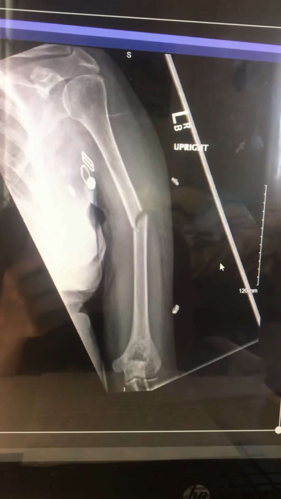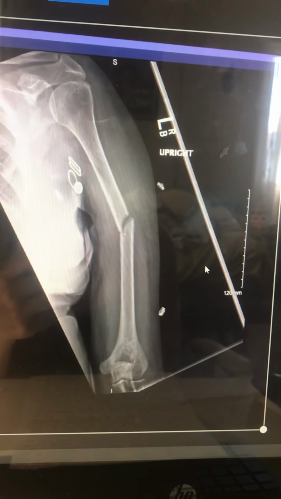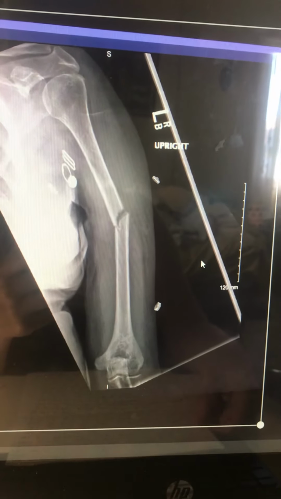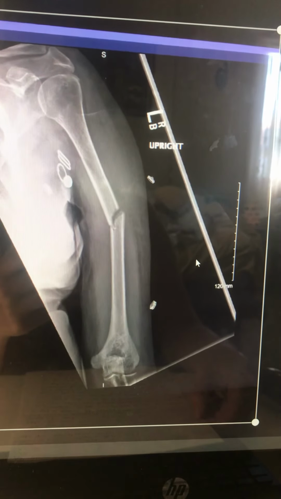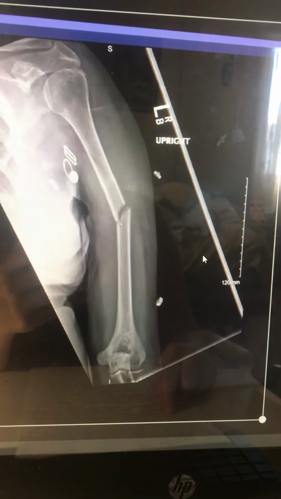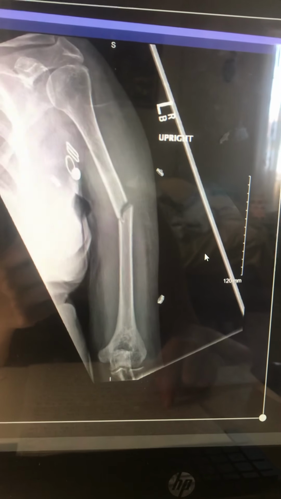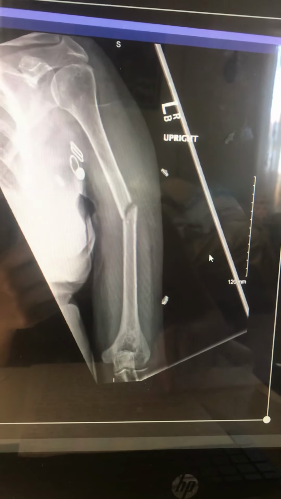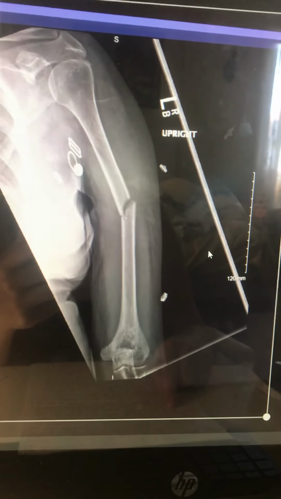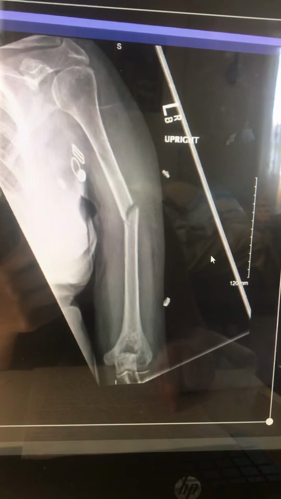So the patient was upright. For this one, her back was against the upright bucky. She was able to pull her arm and wrist away from the side of her body as much as she could. She has limited movement in the arm.